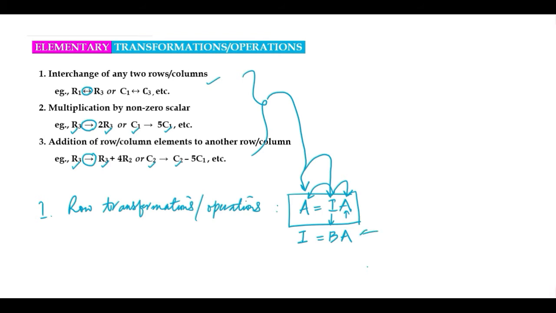Chile hai pang you multiply two things and you get the identity matrix, chile hai A you can imply that A is the inverse of B or in other words you can say B is the inverse of A. This will then be your conclusion.